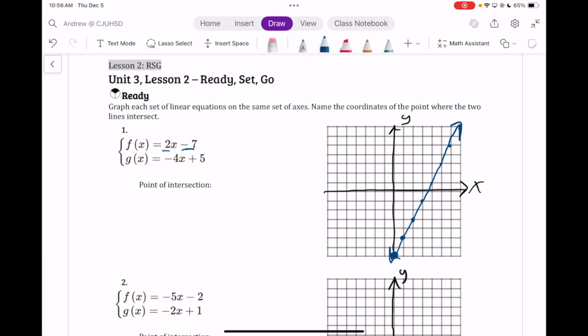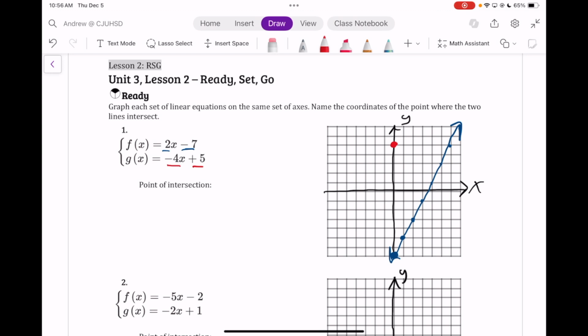Now the other line has a +5 at the end. That's where I go on the y-axis. 1, 2, 3, 4, 5 from the origin puts me right about here. And now the slope is -4. That means -4 over 1.